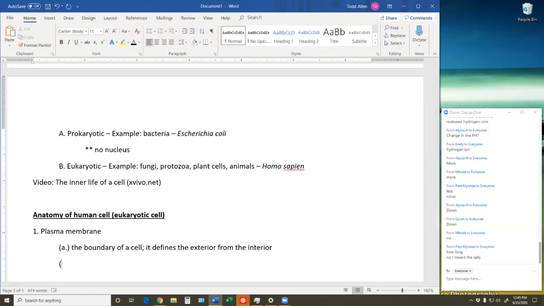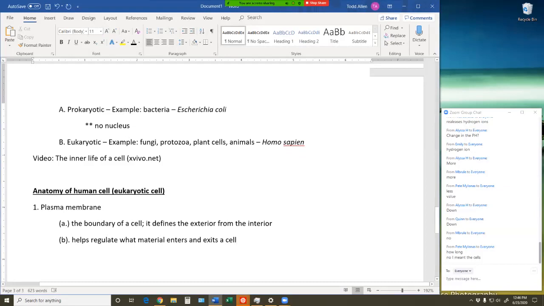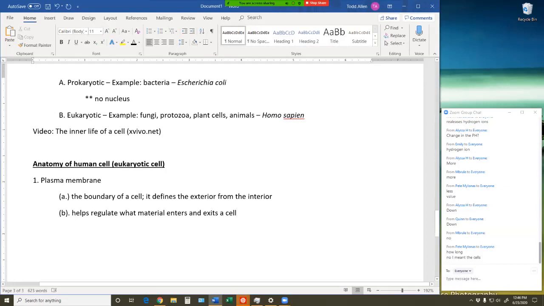The plasma membrane regulates what kind of cargo can enter the cell and what kind of cargo can leave the cell. So it's involved in regulating the transport of material into and out of the cell. Helps regulate what material enters and exits a cell.